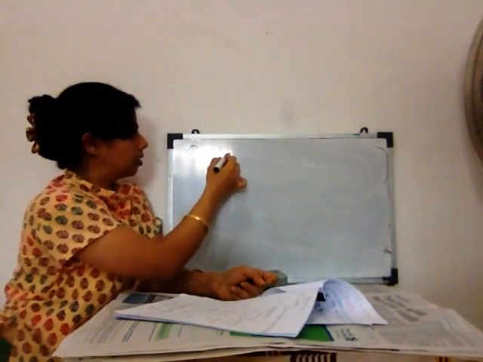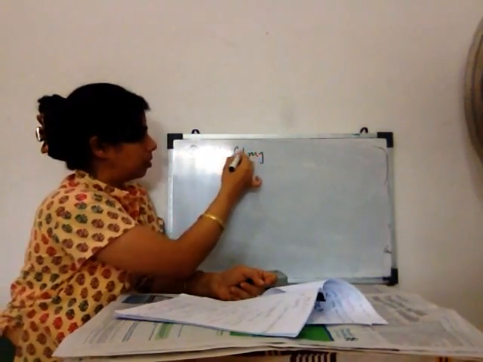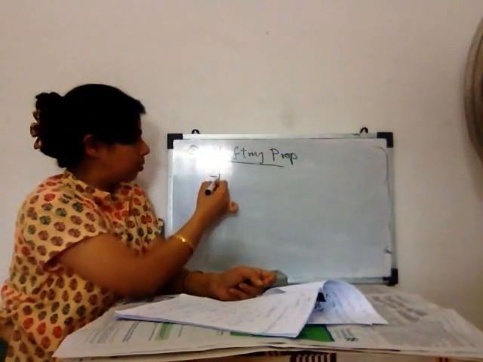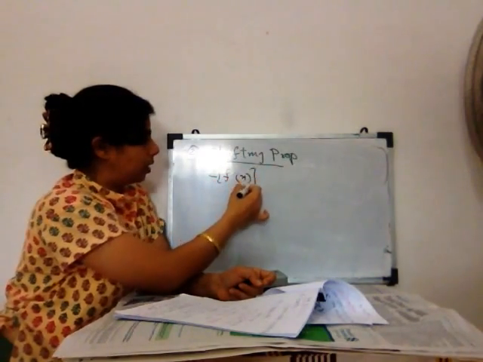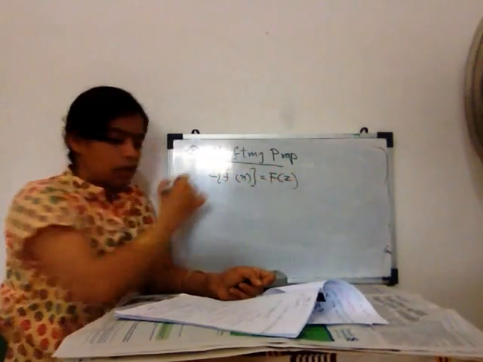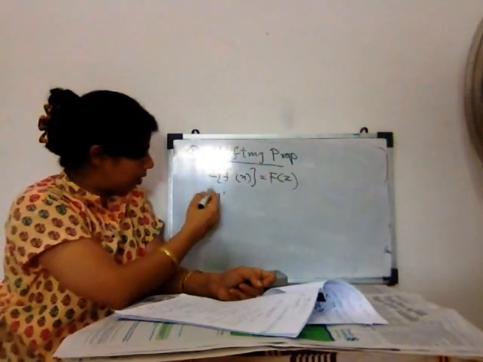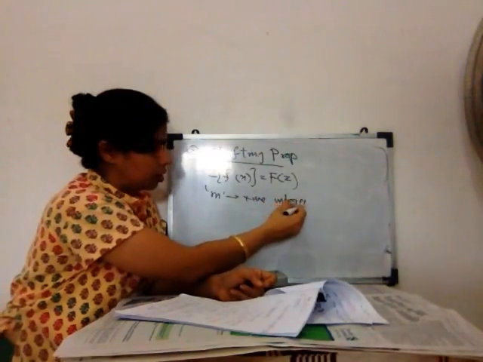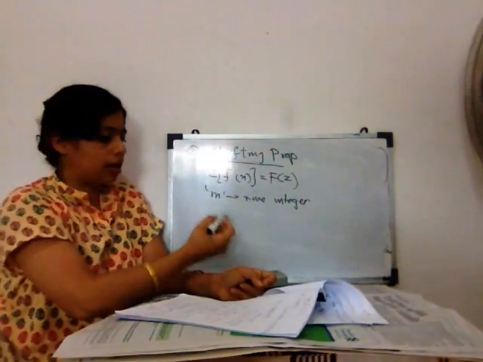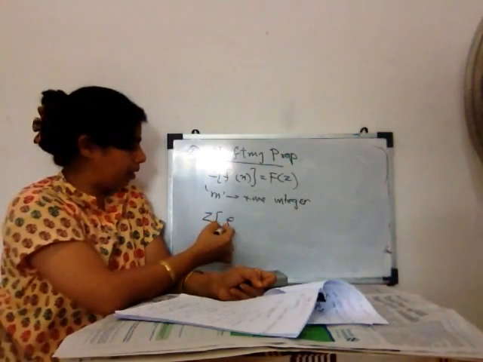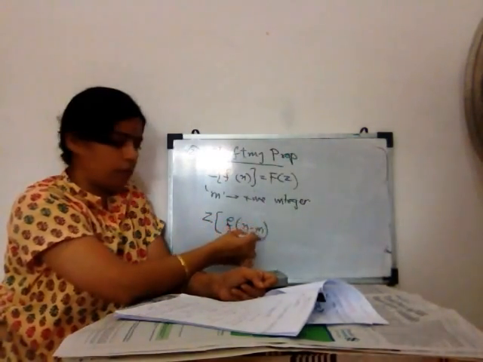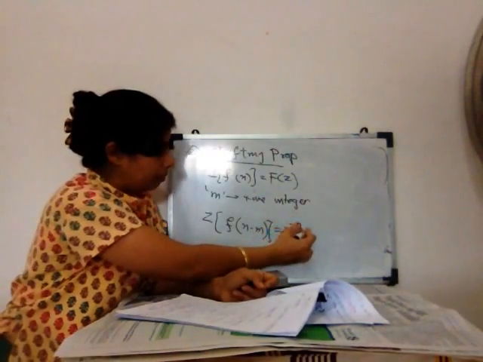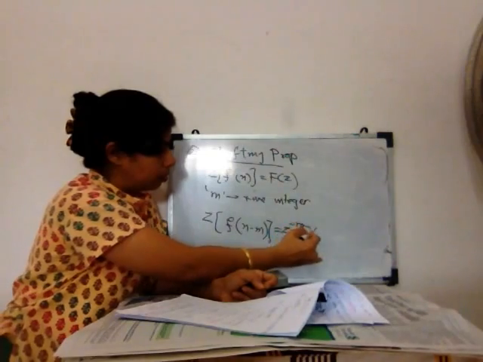Second, if the Z transform of f(n) is given by F(z), clear, and if m is any positive integer, then with the help of the first shifting property, the Z transform of f(n minus m) is given by z to the power minus m F(z).